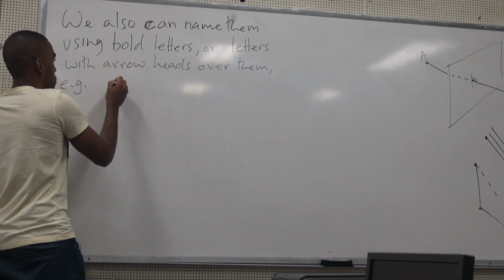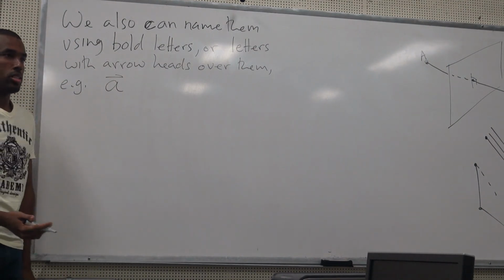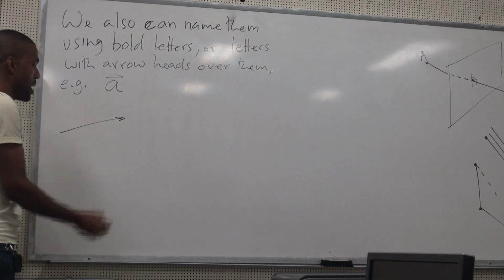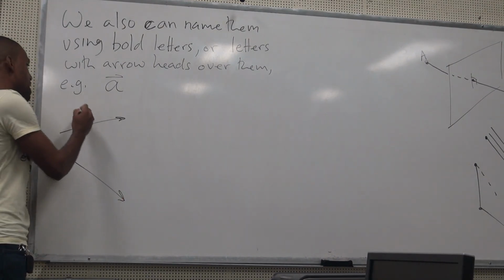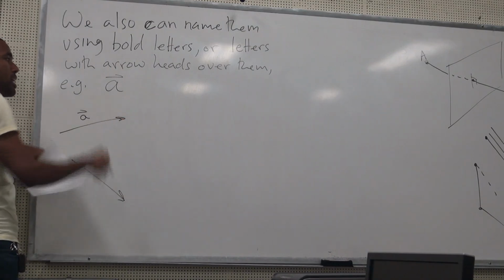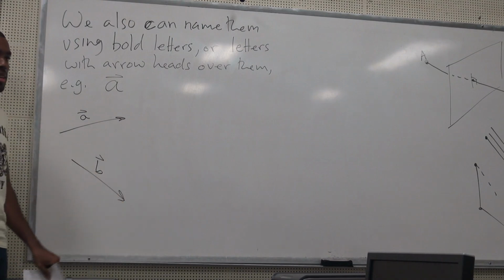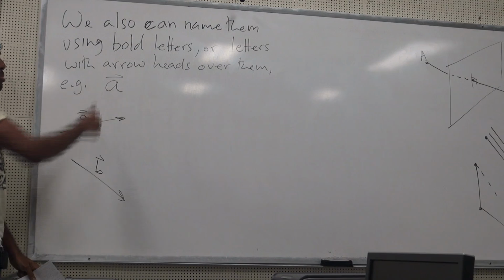Example, if you see me write on the board A and I put a little arrow like that, that is not just a variable, it's a vector, right? Meaning I'm thinking of it as a quantity. So I can have a vector over here and another vector over here, and I want to distinguish them. I can say, this is the vector A, it has this magnitude heading in that direction. I can call this the vector B, having this magnitude heading in that direction, right? So we can distinguish them by naming them, and if I'm writing them down, you'll see me put an arrowhead.